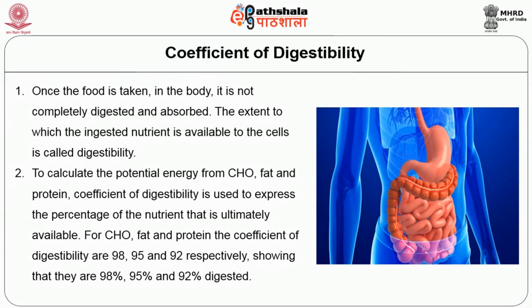For carbohydrate, fat and protein, the coefficients of digestibility are 98, 95 and 92 respectively, showing that they are 98%, 95% and 92% digested and absorbed.